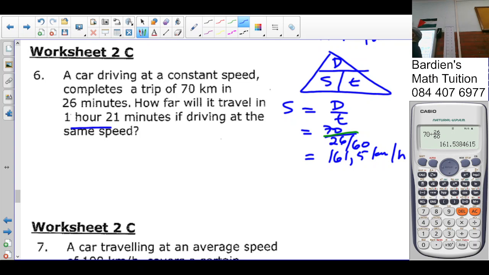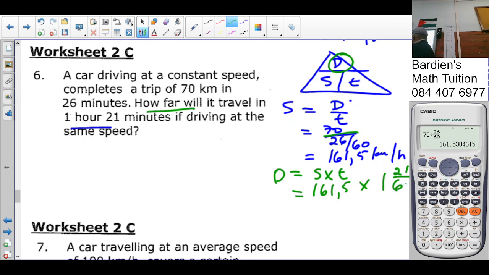So now they want to know how far it would travel. In other words, I'm going to calculate distance in the second calculation. Can you see that, people? So distance is equal to speed times time. What's the speed it's traveling? 161.5 times 1 hour and 21 over 60.